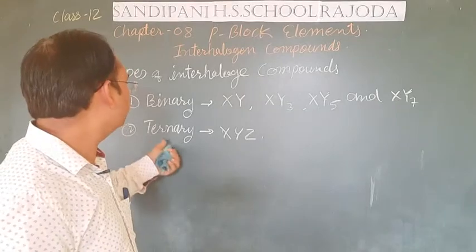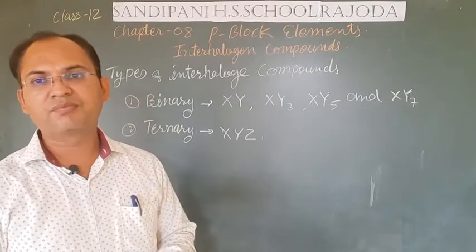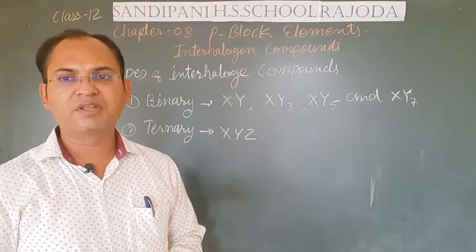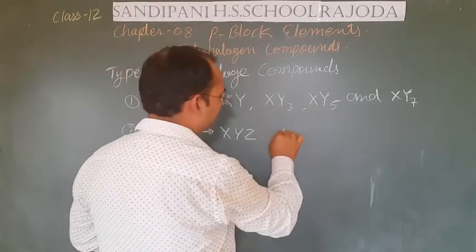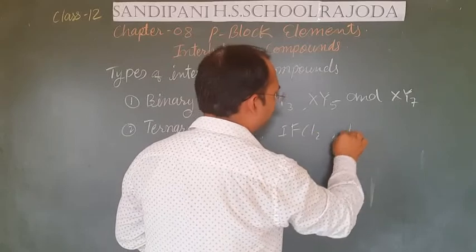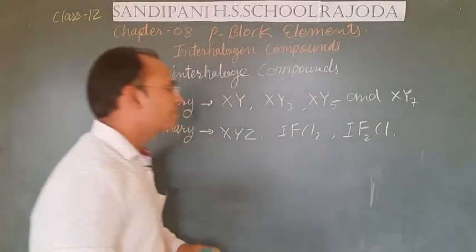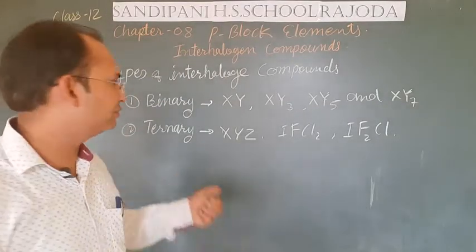Second, in ternary type of the interhalogen compounds, they are actually very less in number, they rarely exist in nature, but some ternary halogen compounds just like IFCl2 and IF2Cl, this type of ternary compounds are found in nature.